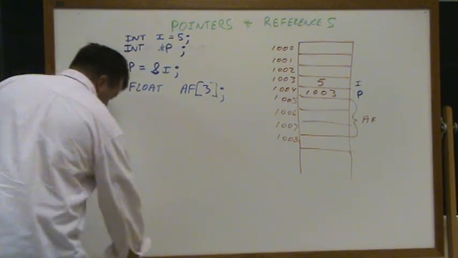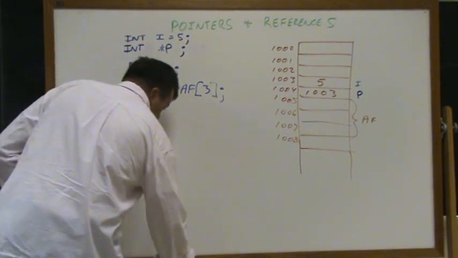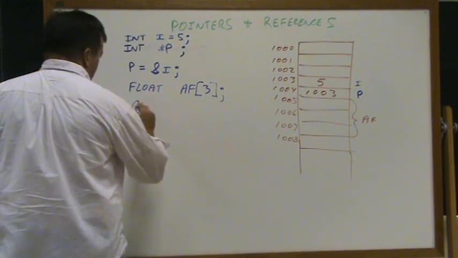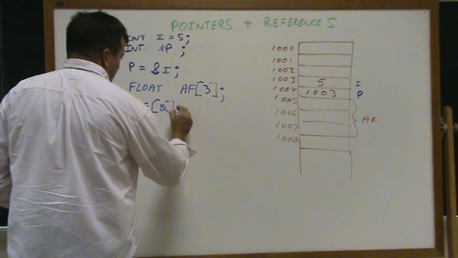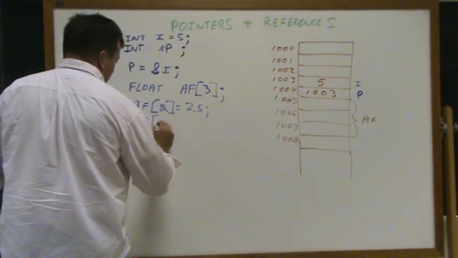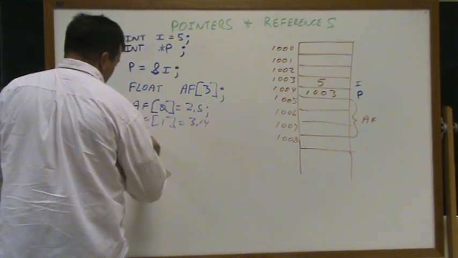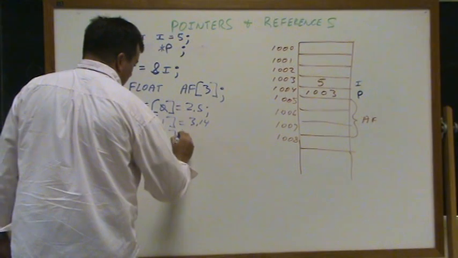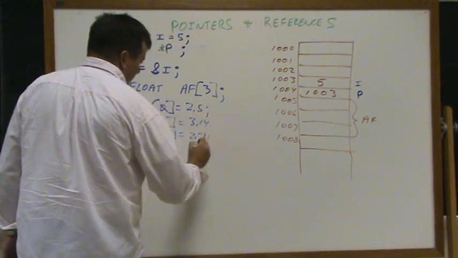And now I can do things like say AF0 equals 2.5, AF1 equals 3.14, AF2 equals 2.71.